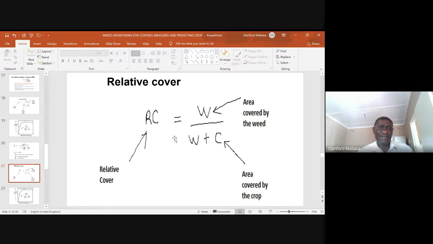Or alternatively, we can use an easier estimate. This one is easier to measure than leaf area. This is relative cover, RC, where we have the area covered by the weed divided by the area covered by the weed plus the area covered by the crop.